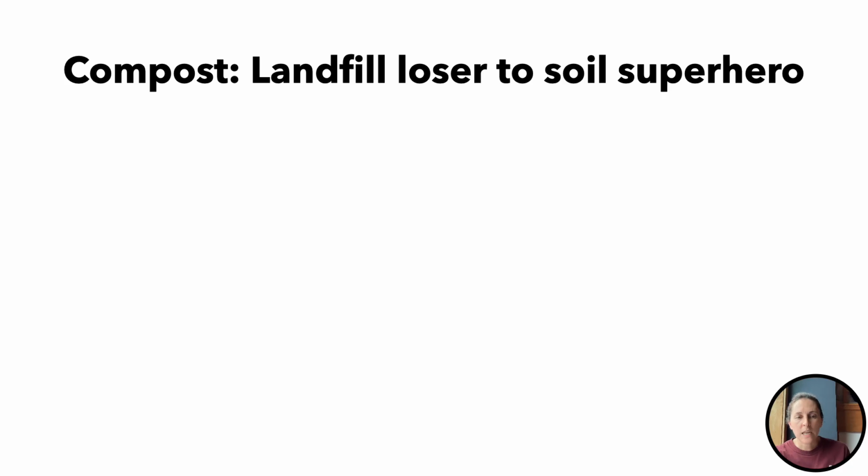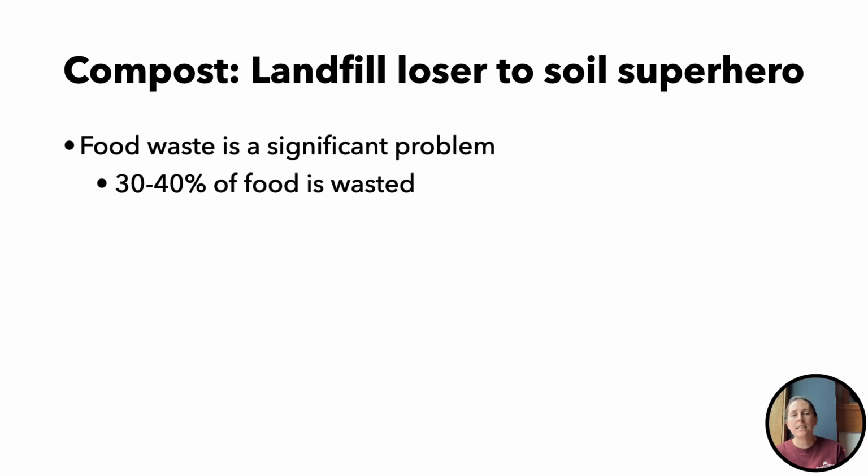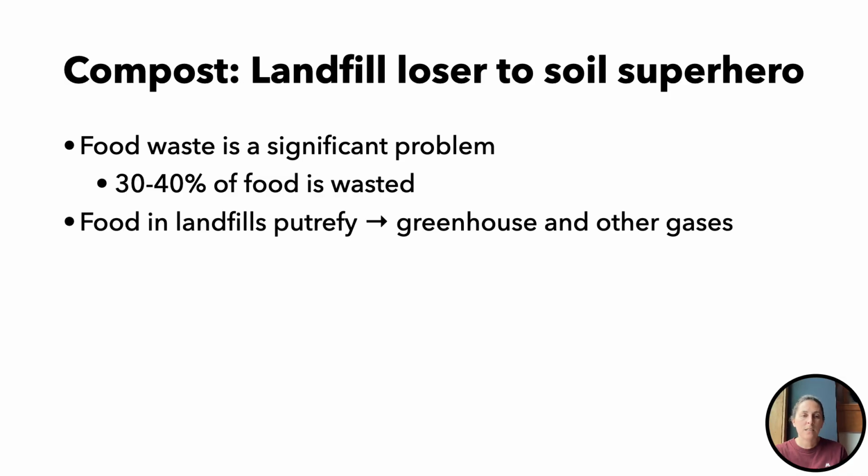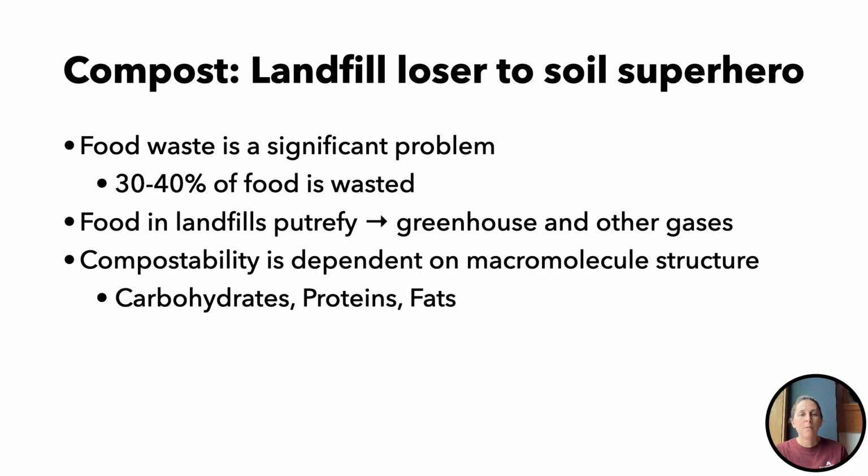So to recap, food waste is a significant problem, and foods that are sent to landfills putrefy where they can release greenhouse gases, including methane. Compostability is dependent on the macromolecular structure of the food scraps, including carbohydrates, proteins, and fats.